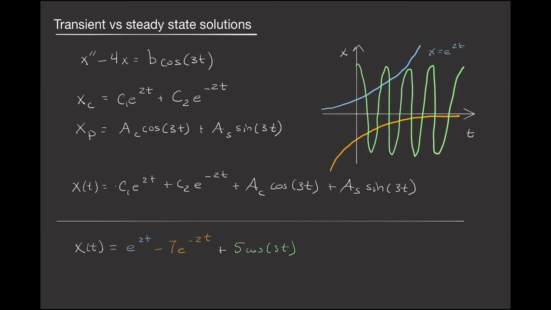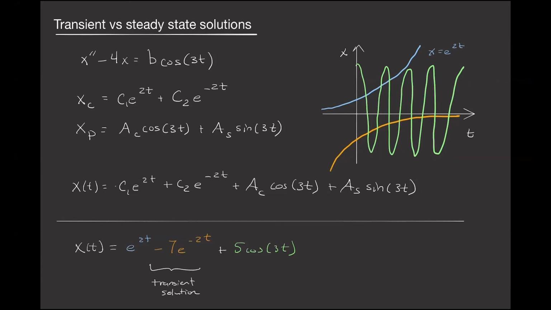It oscillates, but what's important is it does not go to 0. It does not die out, so to speak, or extinguish. However, this term does. The terms that extinguish, that go to 0 or tend towards 0, those are called transient solutions. So this term we would call transient.